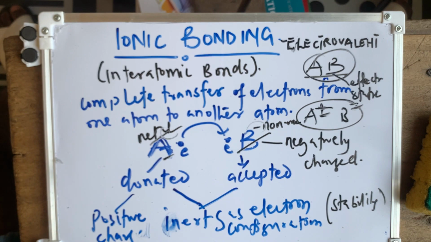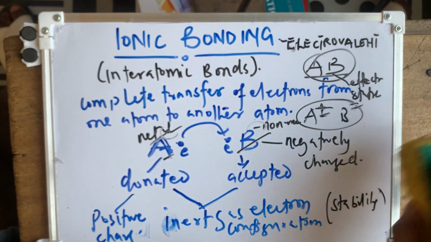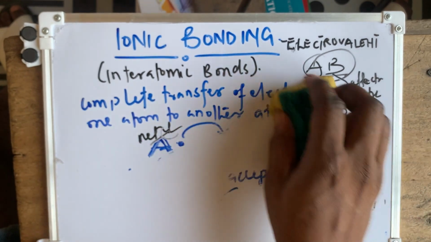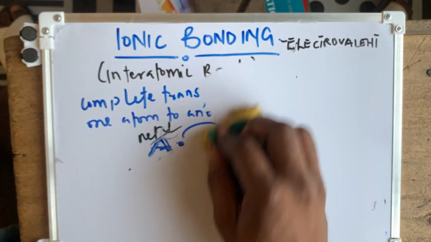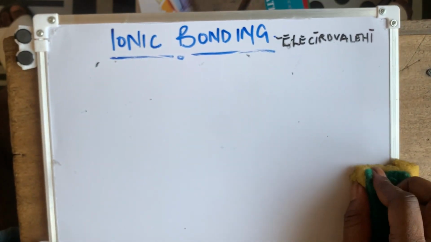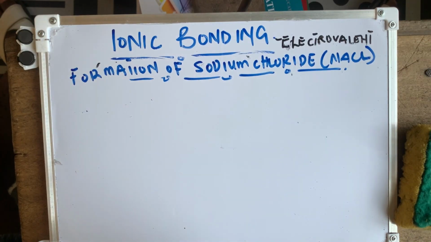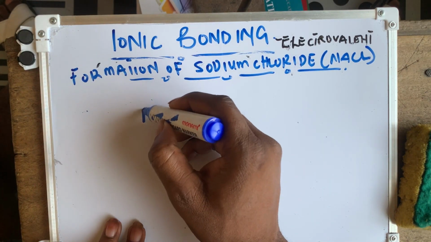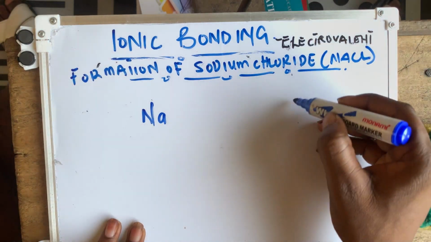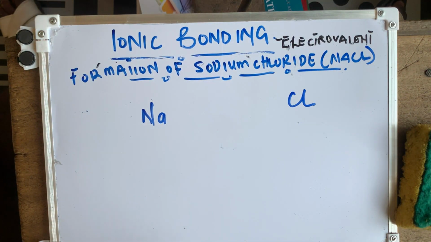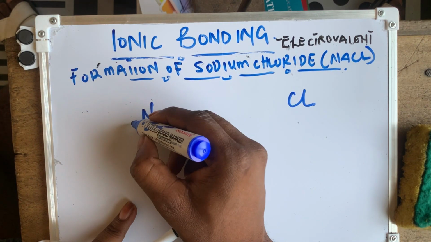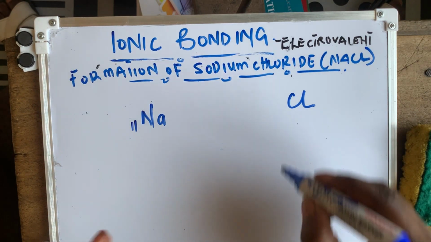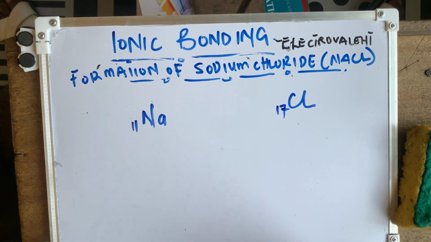Now let's look at a typical example: the formation of sodium chloride. Sodium has an atomic number of 11, and chlorine has an atomic number of 17.